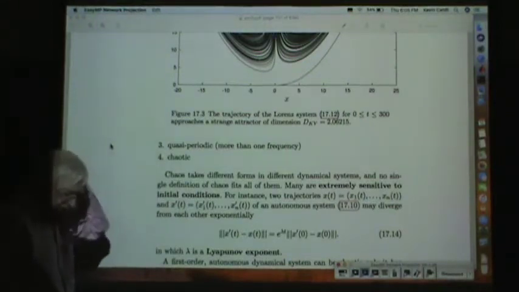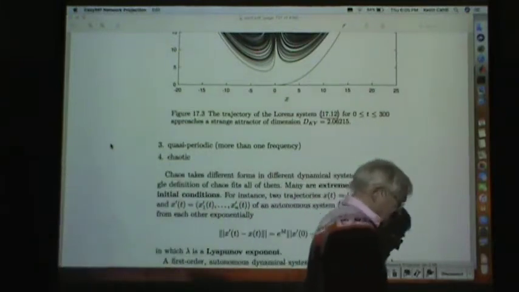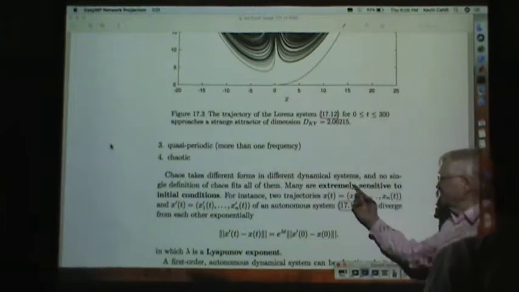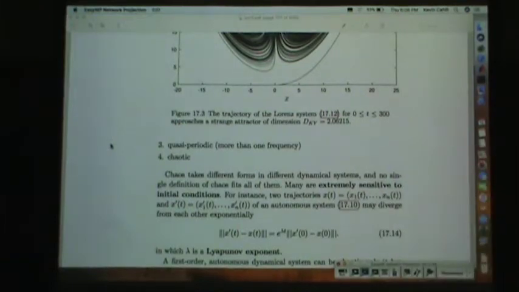Now, chaos, there's no single definition that I know of chaos. It takes different forms in different systems, and what's characteristic of most of them is extreme sensitivity to initial conditions.